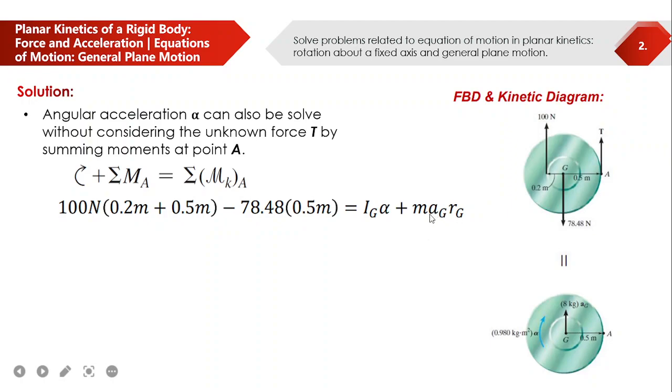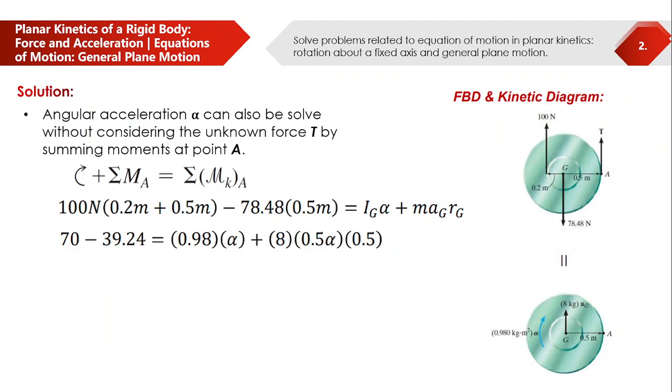This is the summation of all the moments at point A, which follows the parallel axis theorem: I sub G alpha plus M A sub G R sub G. So that will be 70 minus 39.24 equals 0.98 alpha plus 8 times 0.5 alpha times R sub G. The 8 is the mass, and 0.5 alpha is A sub G, as we know from earlier, times R sub G, which is 0.5.